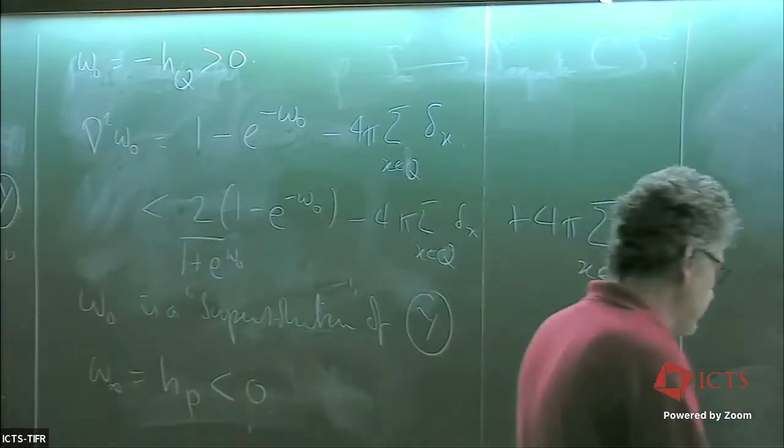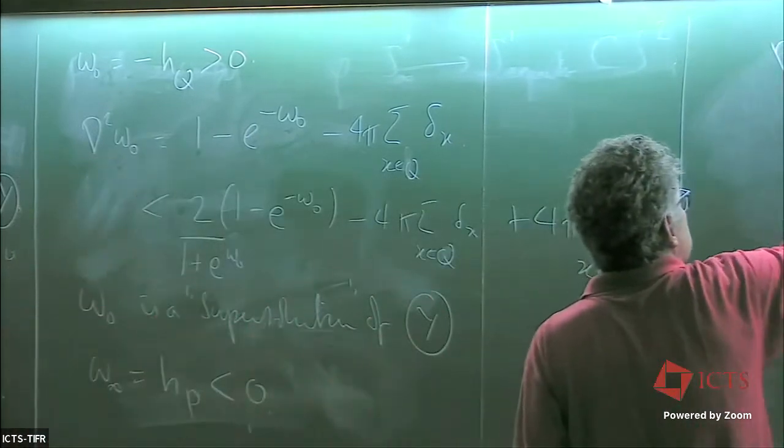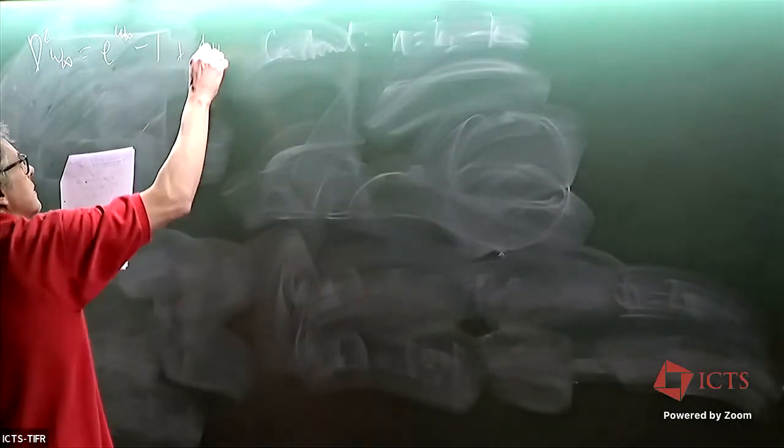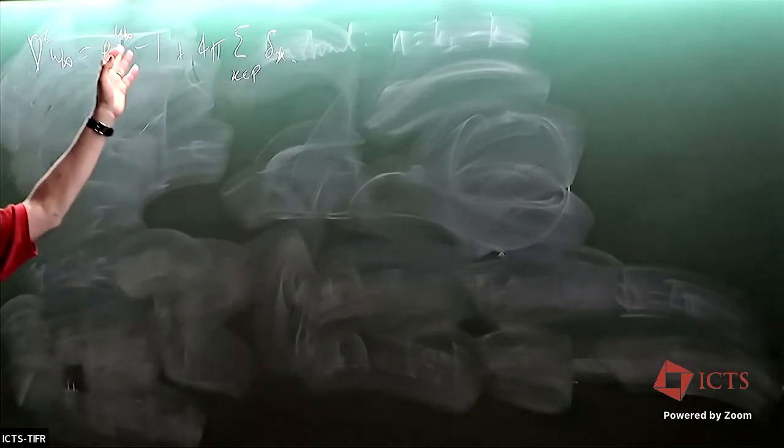So again, we can think about the Laplacian of that function, that by definition, since it satisfies Taubes' equation, is just that. But now, because W infinity is negative, the exponential is less than 1, so now this is a negative constant.